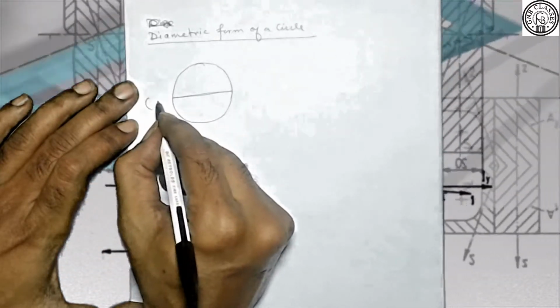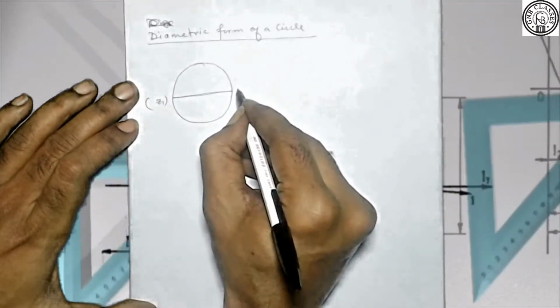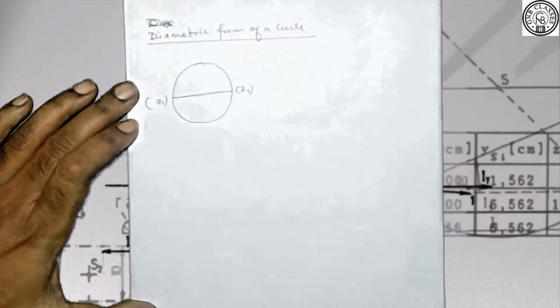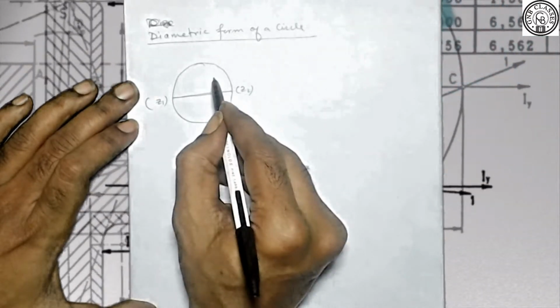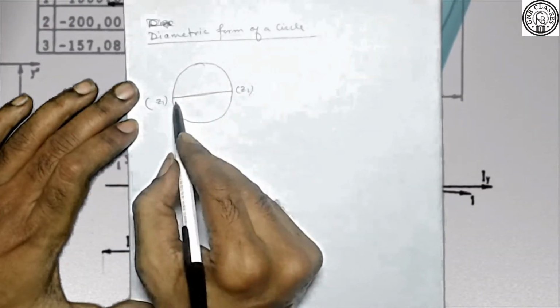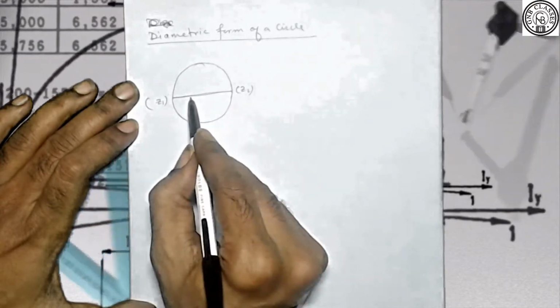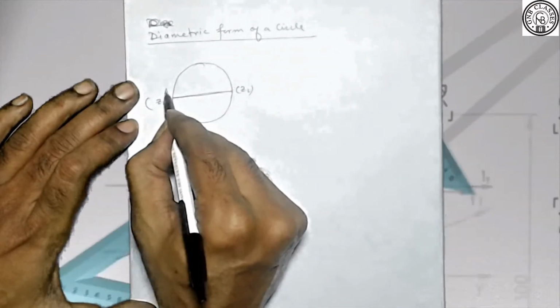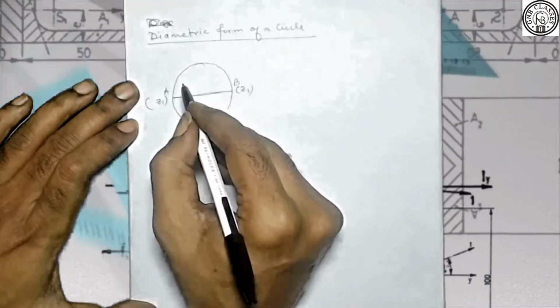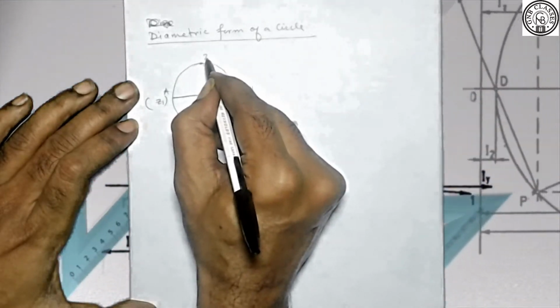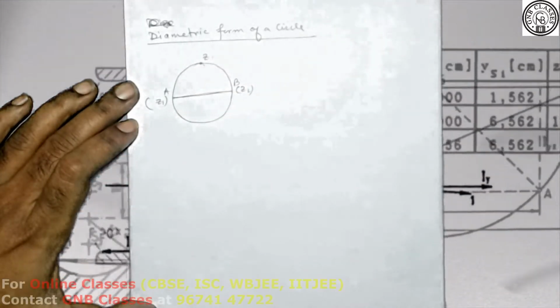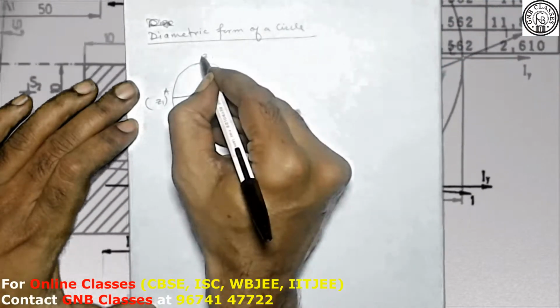Suppose this point is Z1 and this point is Z2. Now we have to find out the equation of this circle. What is Z1 and Z2? These are the extremities of this diameter, let us say AB. Right? Let us choose any point on the circle, which is an arbitrary point. Let us denote it by Z.